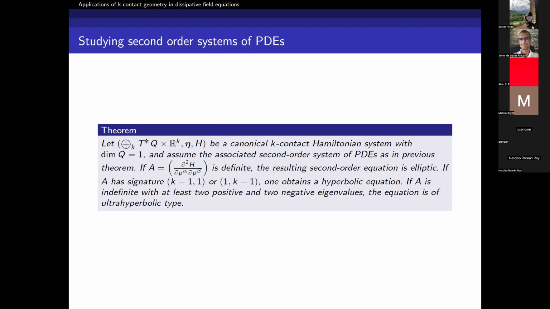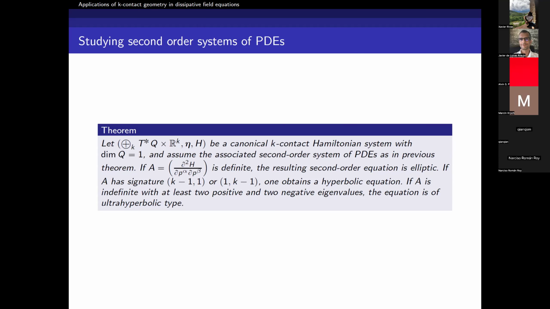When you write this, for the Hamilton-De Donder-Weyl equations for the sections of the k-contact Hamiltonian, the fun thing is that you can construct a system of PDEs of second order that is going to describe certain physical systems.